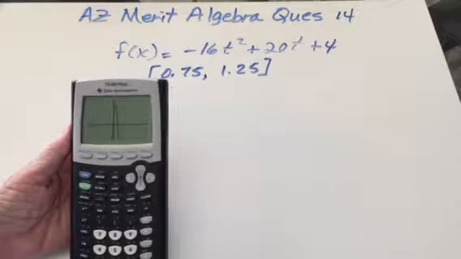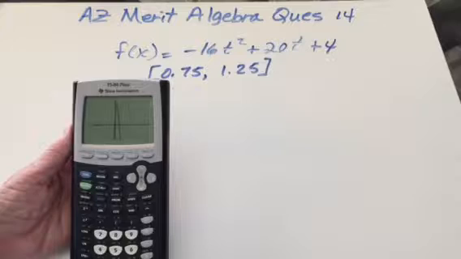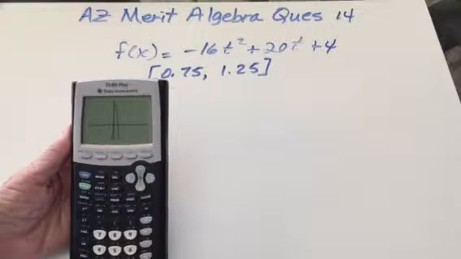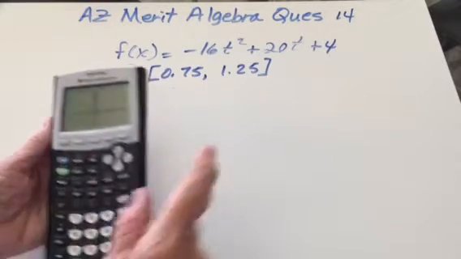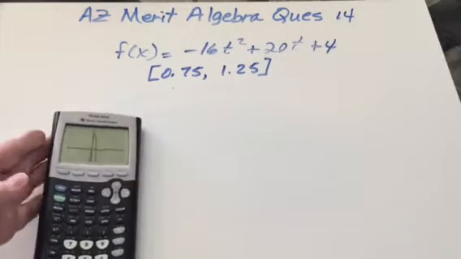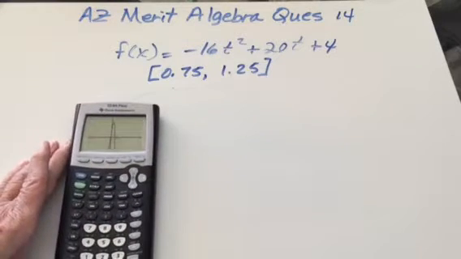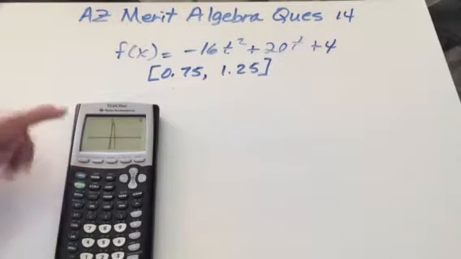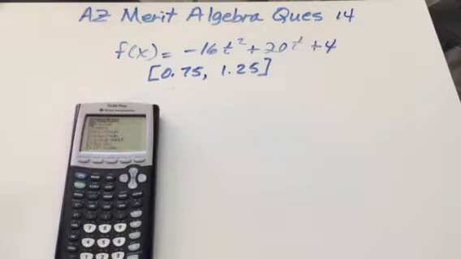Now, a couple ways to do this. Number one, we could zoom in so that you can see it easier, but we really don't have to. All you have to know is what is the y when the x is 0.75. On your calculator, push second trace, and you'll see that it says calculate.